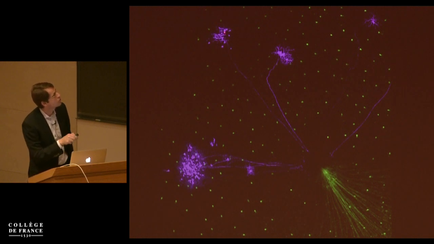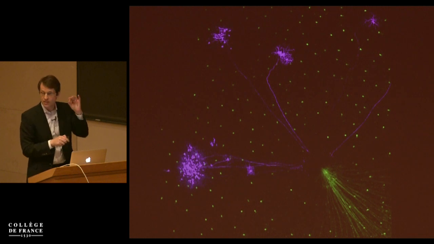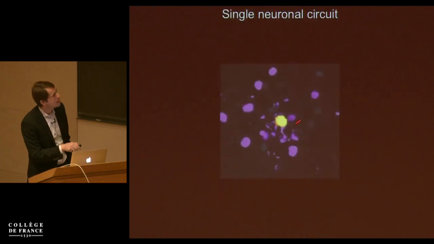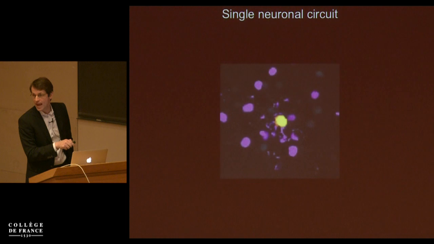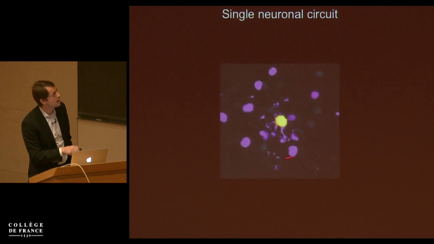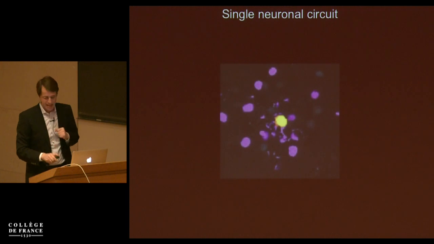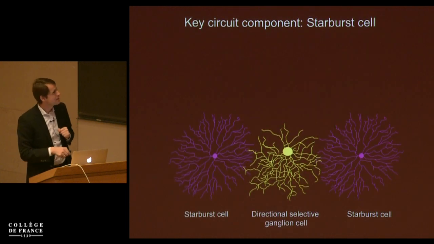This is the mosaic I showed you, and each of these is a little circuitry of a single ganglion cell. So you can zoom into one of these. In the middle, you see this direction selective ganglion cell I showed you, and these are the computational elements where the secret lies.